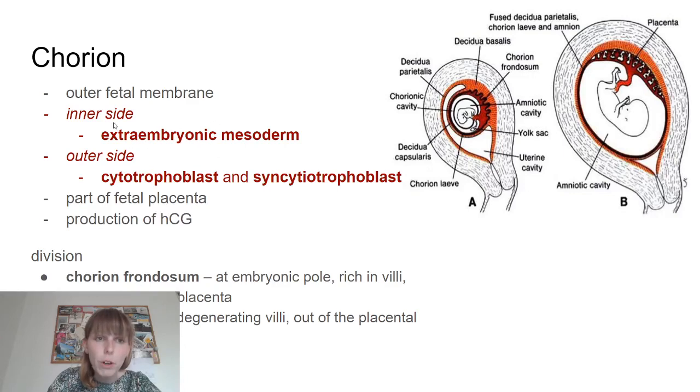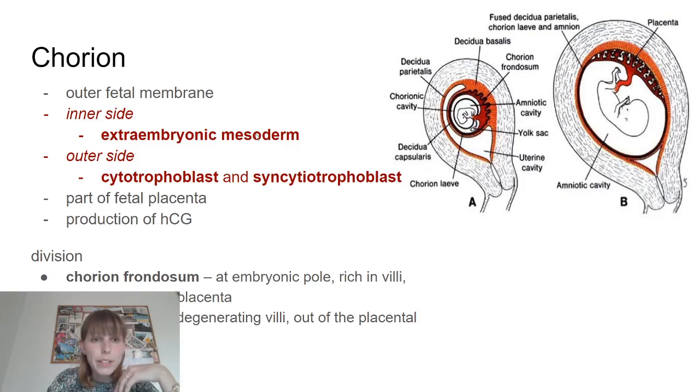But here we also have mesoderm which is not going to be part of the embryo, so it's extra-embryonic mesoderm. It will be part of this red area here. You can imagine it as a loose connective tissue, but it has cells that can still differentiate.